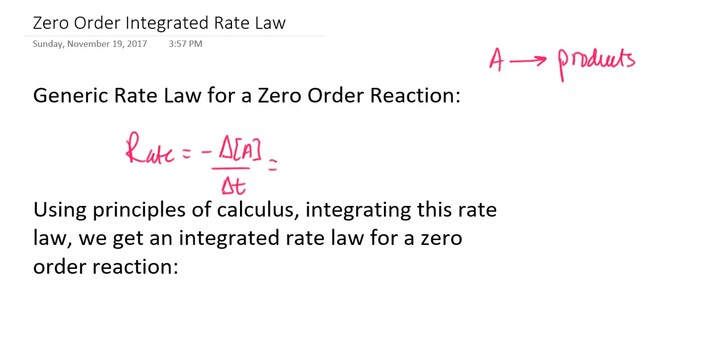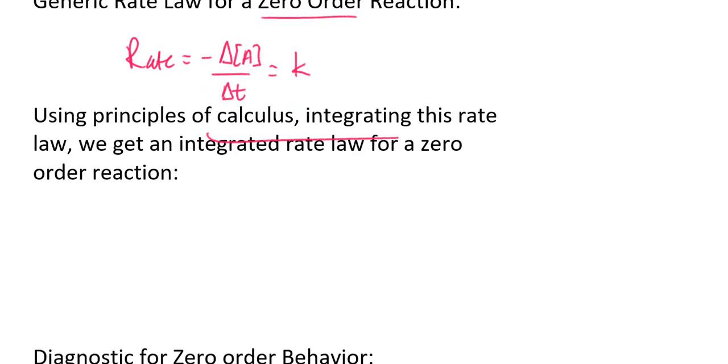And this time, if it's zero order, that means that the rate is constant. Essentially, there is no concentration term because it's the concentration of A to the 0, and anything raised to the 0 power is 1.